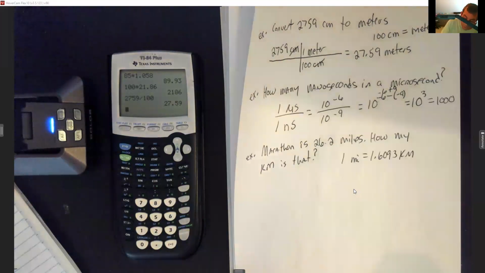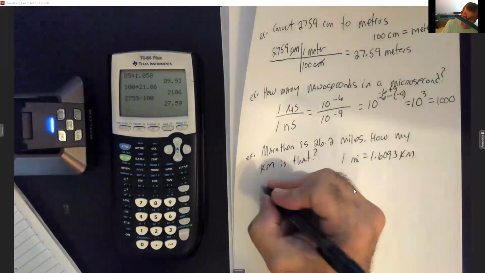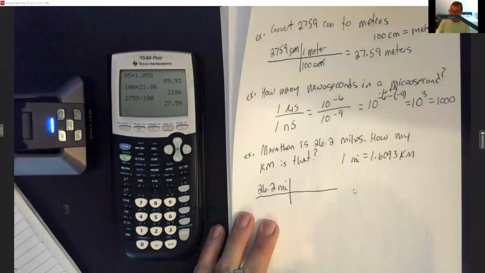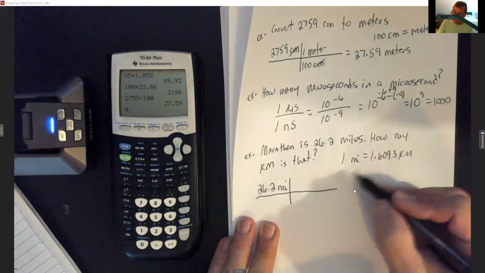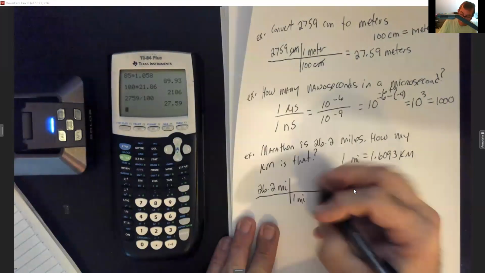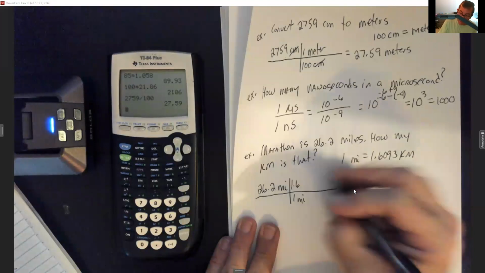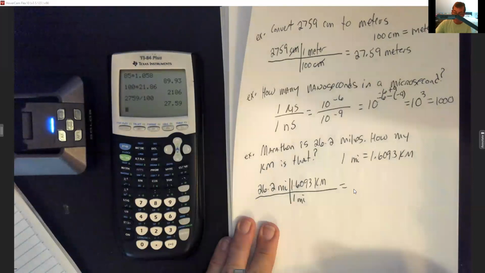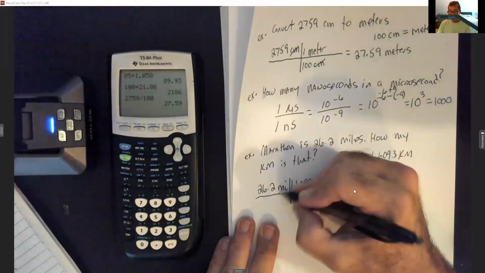So we start with our 26.2 miles. And remember, I need to cancel the miles, so that miles needs to be on the bottom. So here we go, 1 mile, and then the 1.6093 kilometers is on the top, and that's all I needed, right? The one conversion. So my miles will cancel.